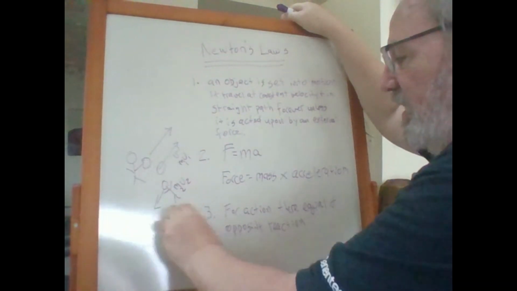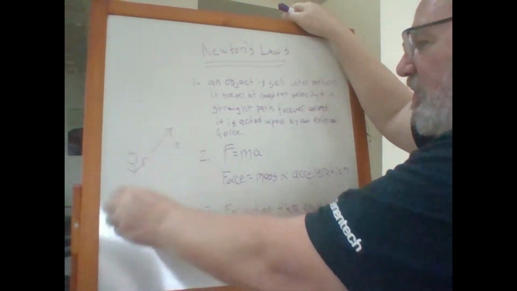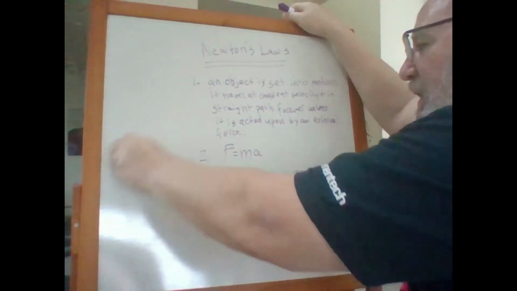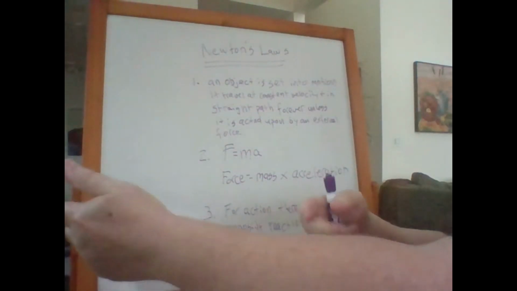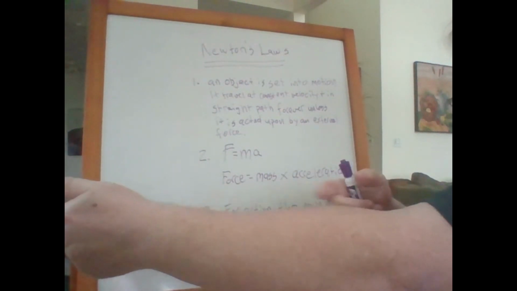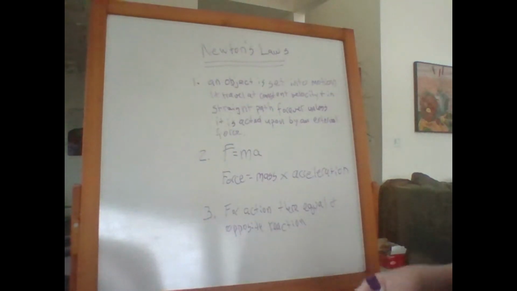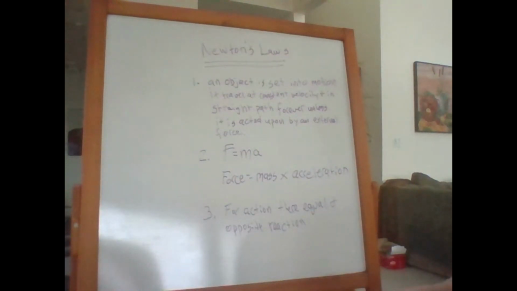For every action, there's an equal and opposite reaction. That's why a gun gives a kickback. When you put a gun to your shoulder and pull the trigger and fire, the bullet goes shooting out. It's a very small object and it goes out at a very high velocity.